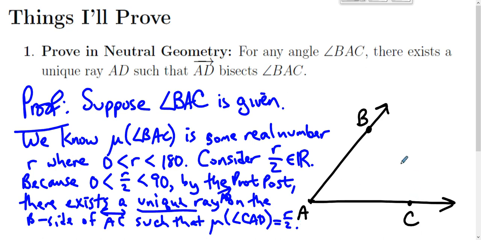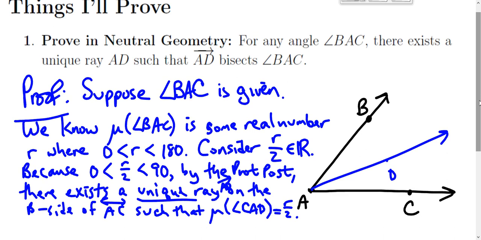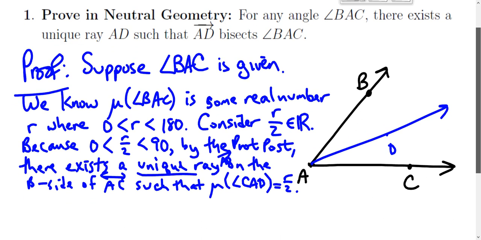So we come up with R over 2 and we have this ray right there. So now all we have to do is show that that ray is a bisector.